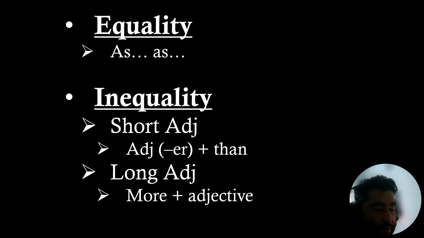And in the case of inequality, one of the objects is going to have a higher, a better, for example, characteristic than the other object. In that case, we need to pay attention to the type of adjective that we have. Remember that we're going to talk about short and long adjectives.